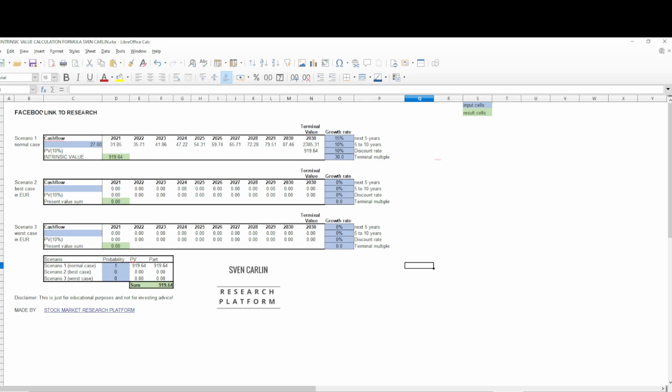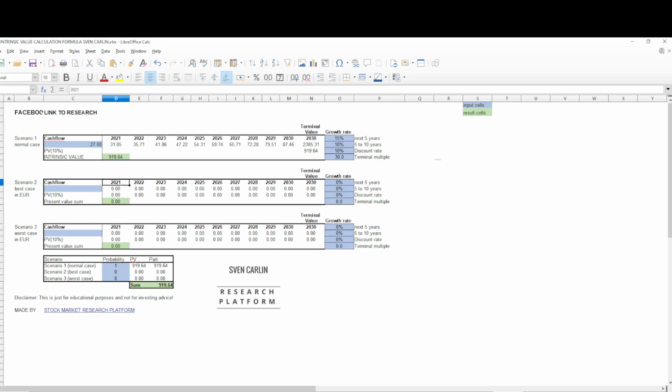So this is Sven Carlin's discounted cash flow spreadsheet that he very kindly allows you to download for free. I've just brought up the Facebook one that he's done as an example. It's about a year and a half old, because I haven't downloaded it recently. It's interesting to see what he put in as his rough figures back then.